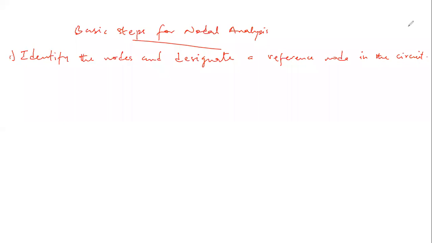Now, we already established that the proper choice is to look out for the essential node, right? That is assigning a reference voltage of 0 volts.